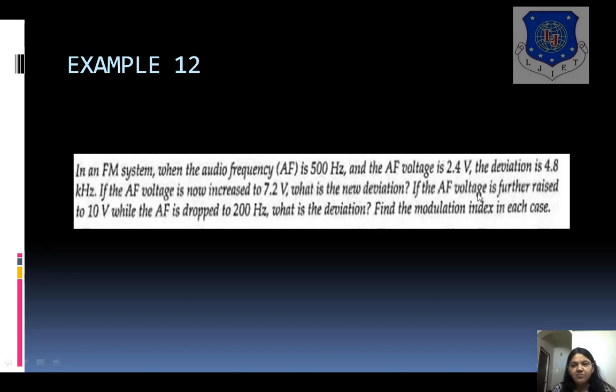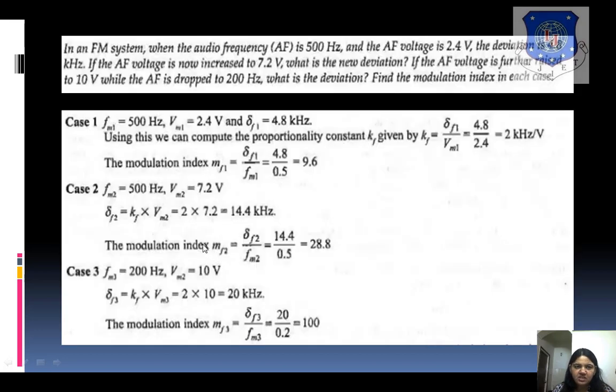If the AF voltage is further raised to 10 volt while the AF is dropped to 200 Hz, what is the deviation? Deviation means change in the frequency of the modulated wave. Find the modulation index in each case.